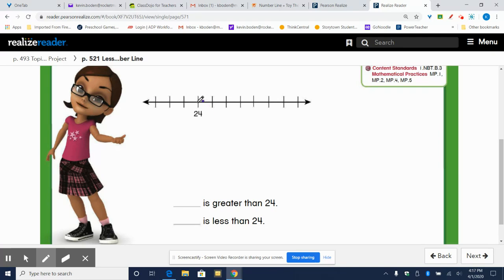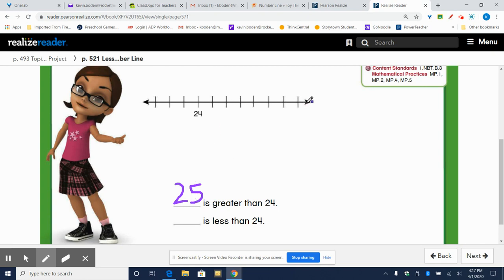If we count down, we can say 24, 23, 22, 21, 20, 19. We can keep on counting all the way down. So give me a number, any number that you can think of that is greater than 24. I'm just going to pick the next number, which is right next to it. After 24 is 25. So I know 25 is greater than 24.